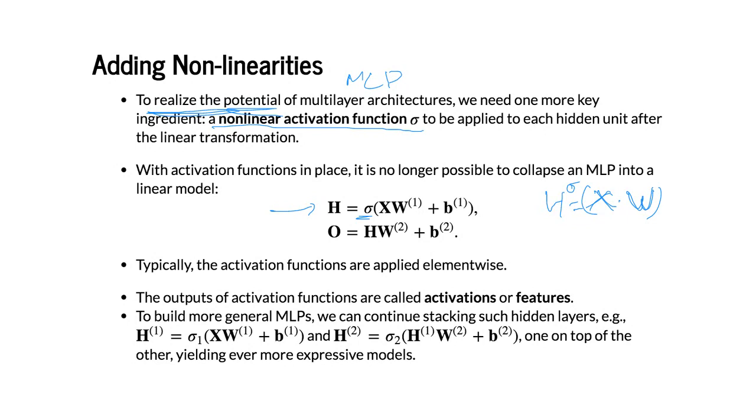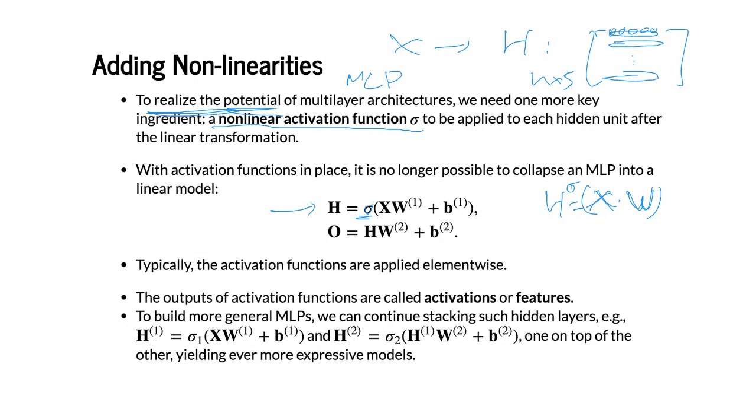This sigma function is a nonlinear function, and it's applied element-wise. So from the X matrix I go to this H matrix over here, which would be n times 5 from my previous example. Then I have this sigma function, applied to each element of the H matrix.